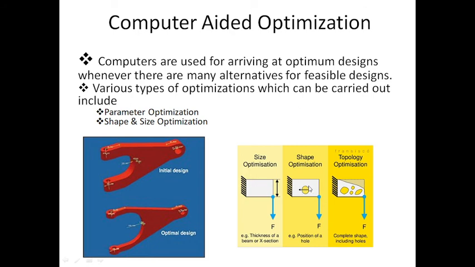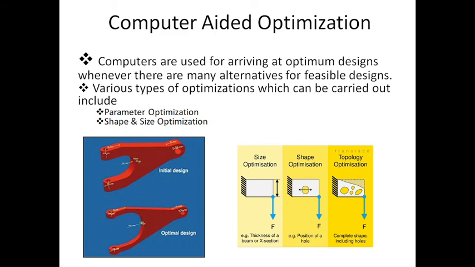That kind of thing can be called shape optimization. And topology optimization is where you can change even the topology. Topology here means the relationship between these lines. You can either have a rectangular shape, or you can even have this zigzag. So that becomes topology optimization.